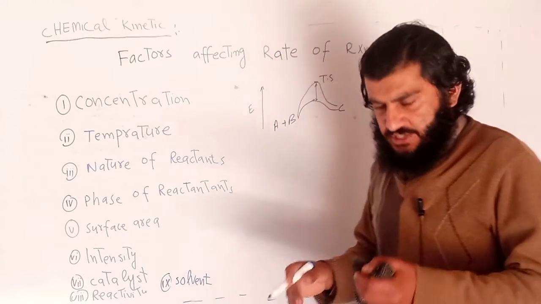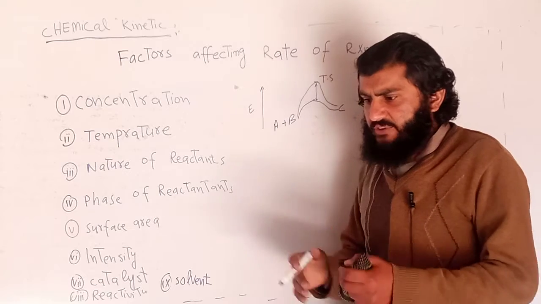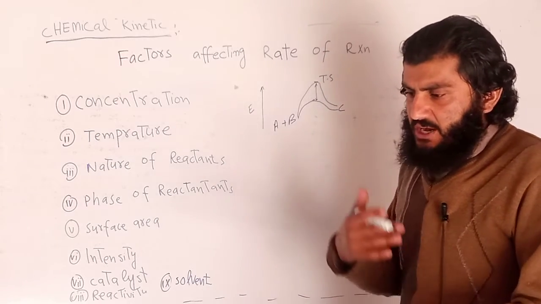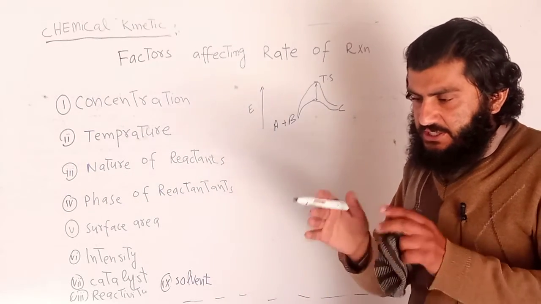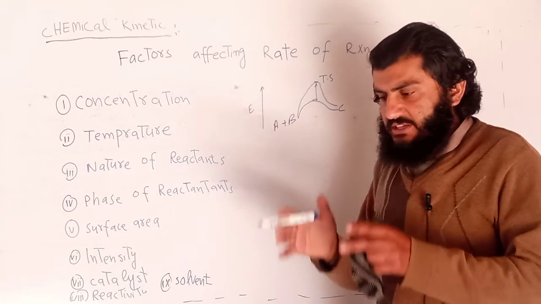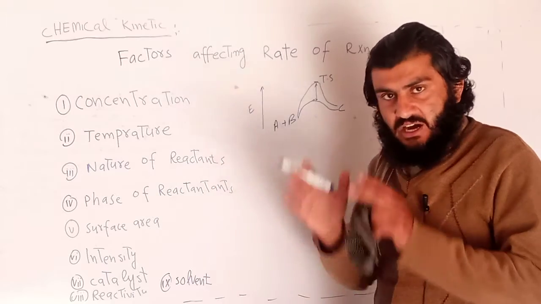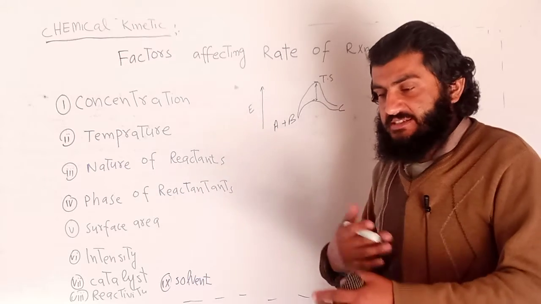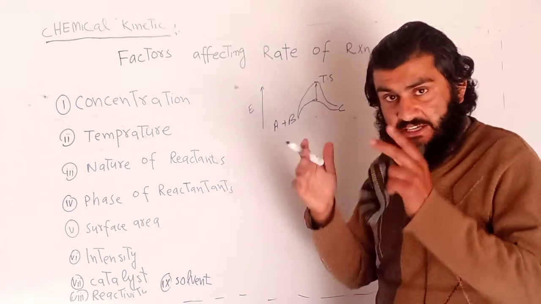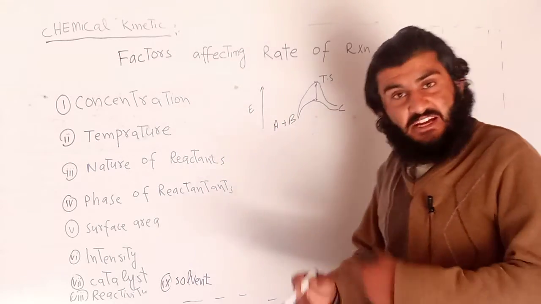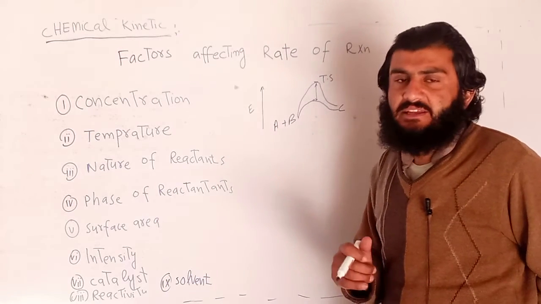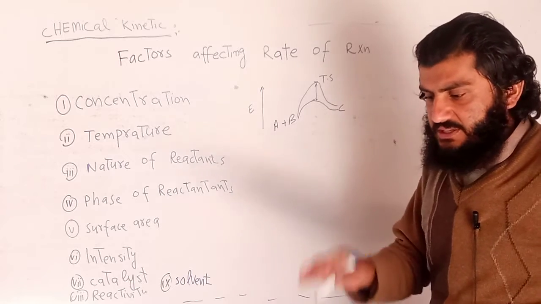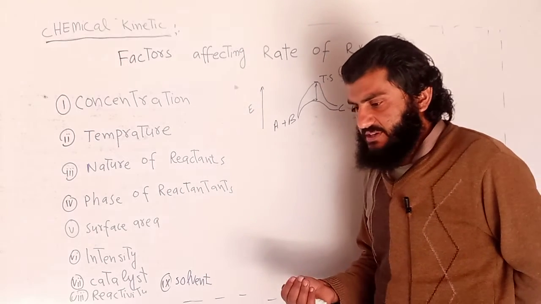If the activation energy decreases, the chance of formation of product increases, so the change in concentration of reactants and products also increases. It means the rate of reaction increases. So a catalyst can increase the rate of reaction because it decreases the activation energy. And what is activation energy?